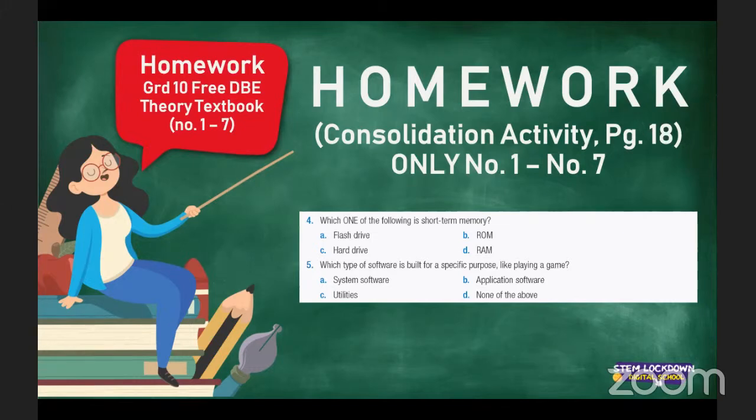Is it A, B, C, or D? We're looking at number 5 now. D, what type of software is built for a specific purpose, like playing a game?